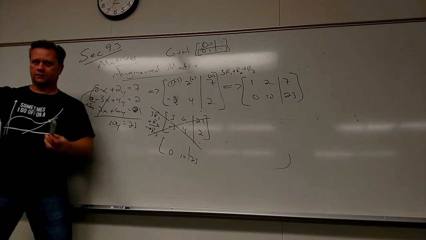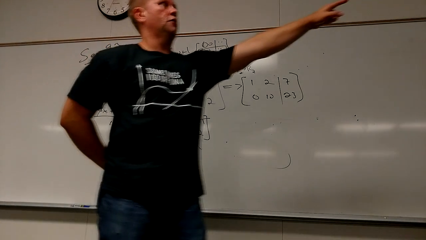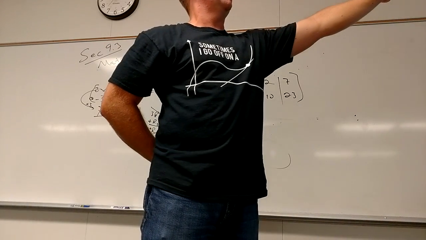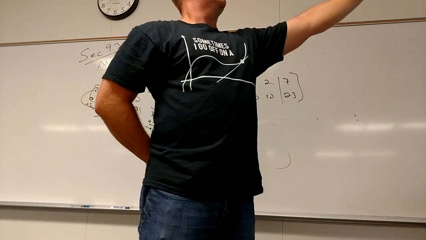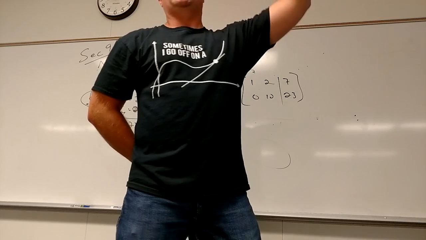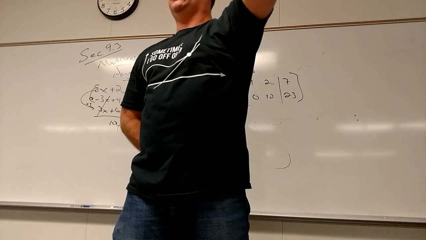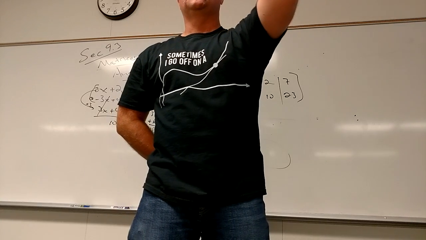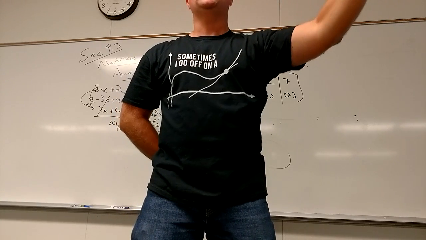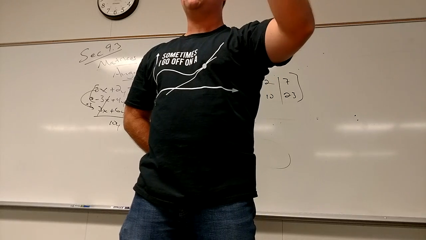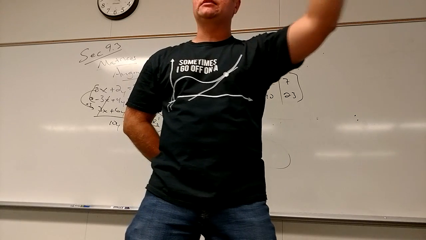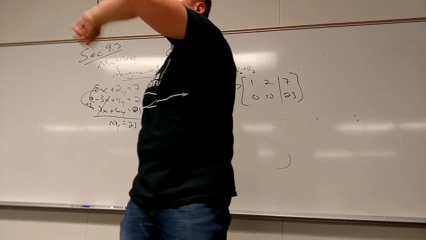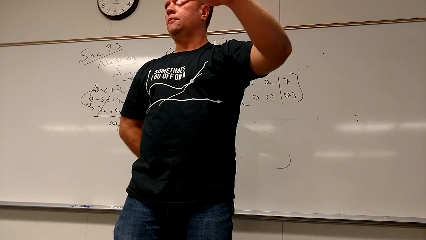Let's do this. On the other side of that sheet we were just working on earlier, do you see those things called elementary row operations? They're just the things we're allowed to do to rows. And again, what does each row represent? An equation. So everything we're allowed to do with equations, like what? Multiply the entire thing by something, divide the entire thing by something, add 2 of them together.